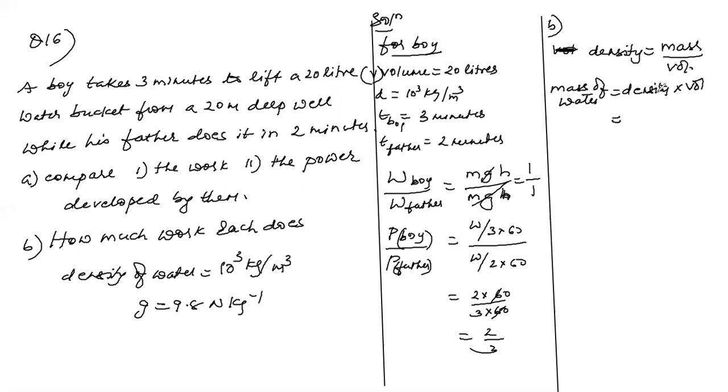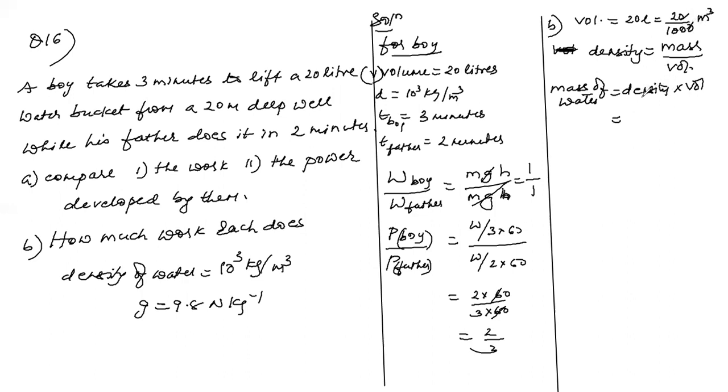One more thing, volume equals 20 liters, that is 20 upon 1000 meter cube.